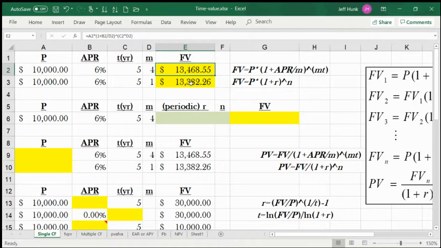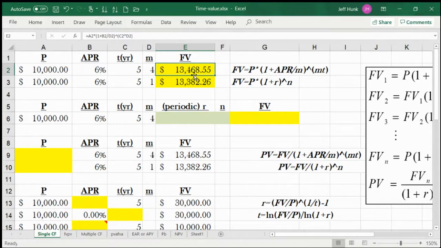It's not that much greater, but between this and this, which one would you prefer? Nobody in their right mind will prefer this. The bigger the future value, the better it is.